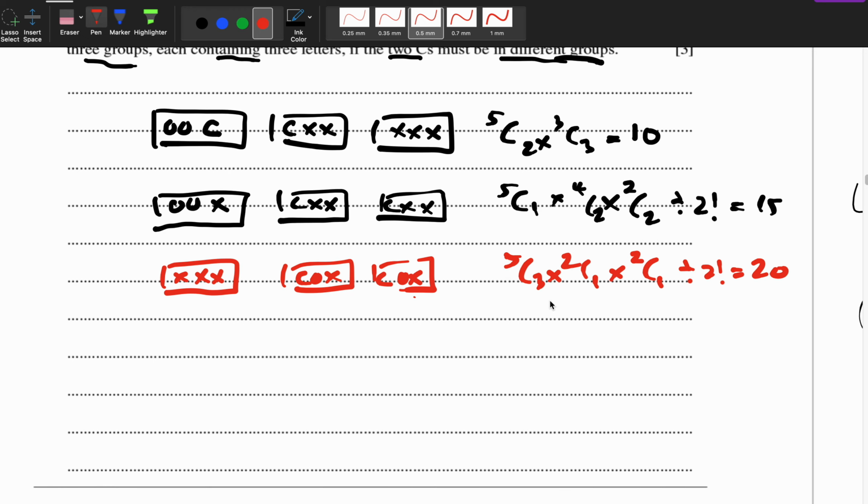There is one more group. OC, 1O with 2C, not possible. One O with two others. CO1 group.